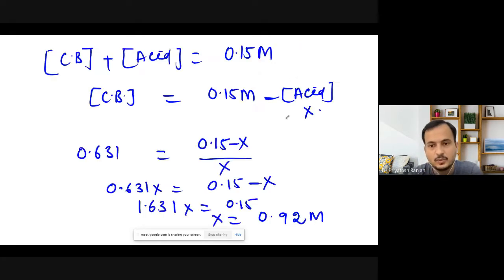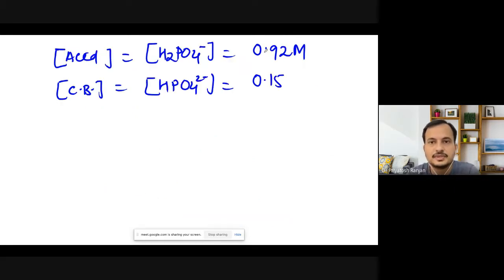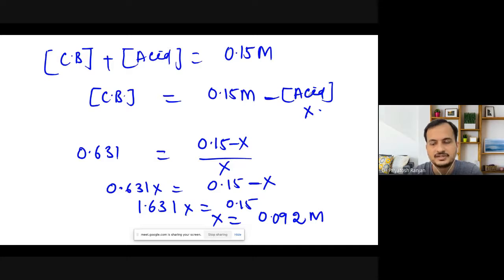I think I'm making one mistake. If we try to calculate this value, the X is not 0.92, but rather 0.092. So I've made a mistake here, so I have to rewrite it. 0.092. Just do it by yourself and you'll get this value. So X is nothing but 0.15 divided by 1.631, which corresponds to 0.091, and I have rounded those values to 0.092.